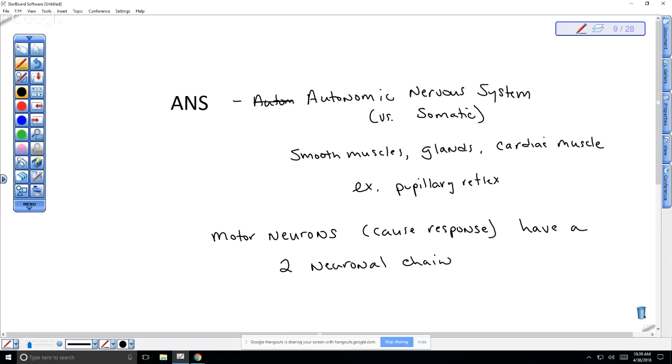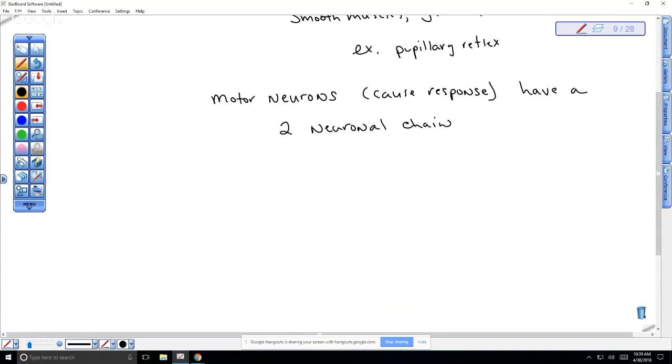So when we look at this, we have what are called the preganglionic neuron. That is going to have its cell body in the gray matter of the spinal cord, for example, or in the brain.